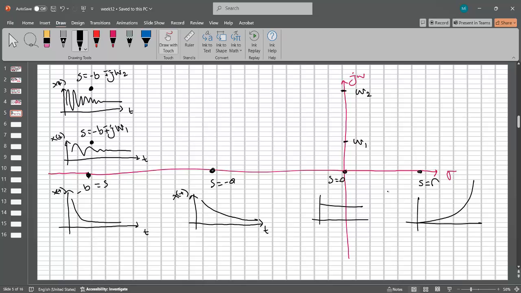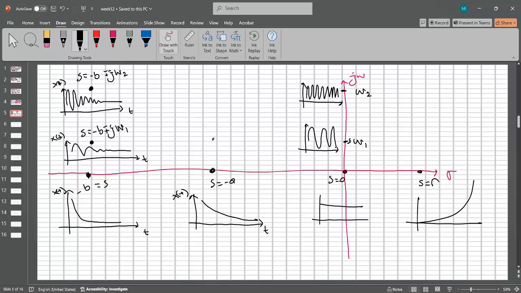So, what about this point? Just like this one, right? What about this? What's the difference between these two of them, Hacer? Say, Hacer, what's the difference between the W1 and W2 graph? Okay.